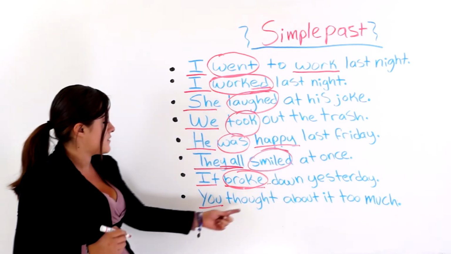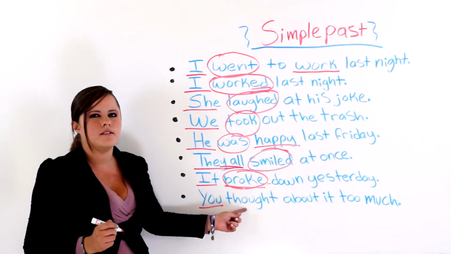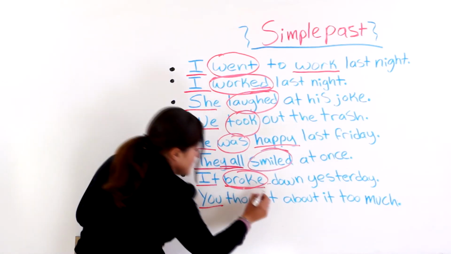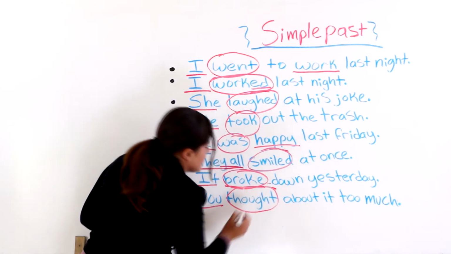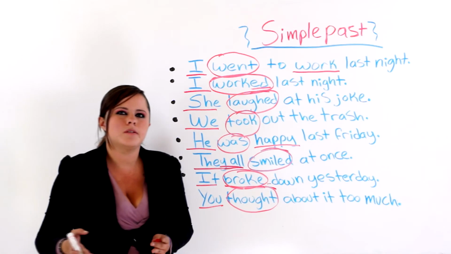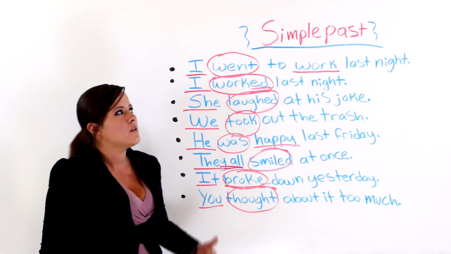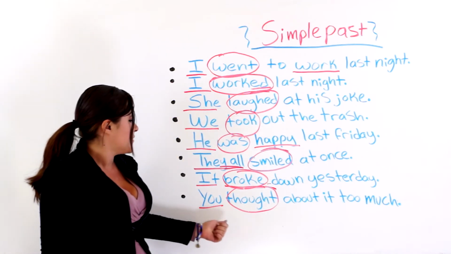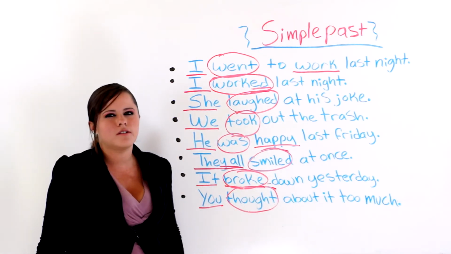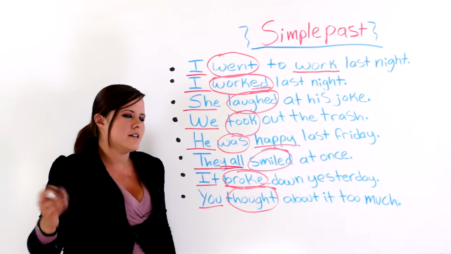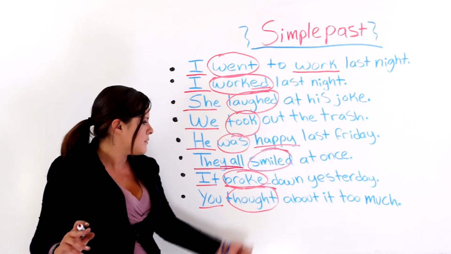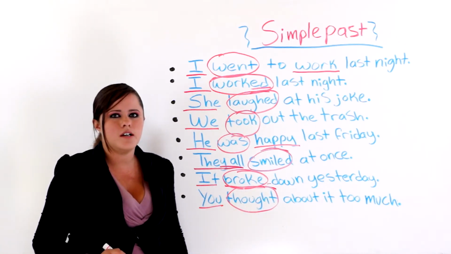Subject, you thought. Is this in simple past? Yes, it is. Even though it stays the same in past participle, we can assume that this is a simple past, okay? Because we're talking about the simple past. You thought about it too much, okay? This happened maybe yesterday, maybe a few weeks ago, but you thought about it too much, okay?